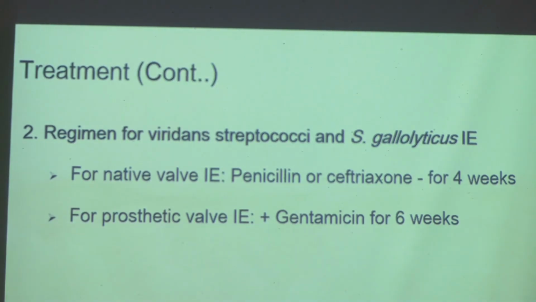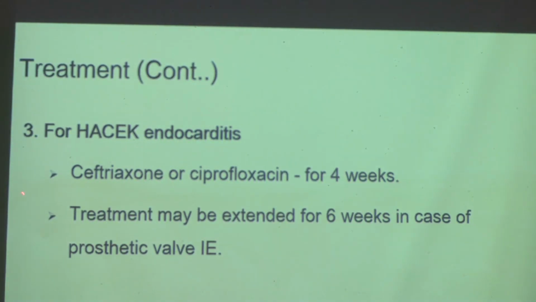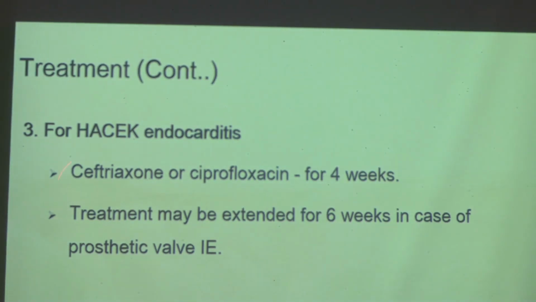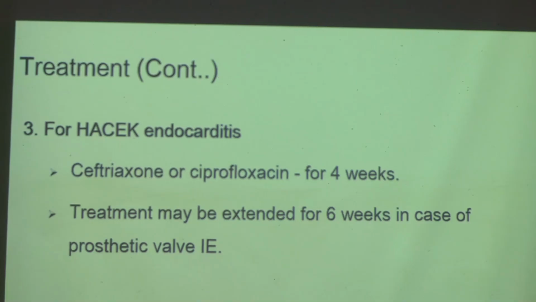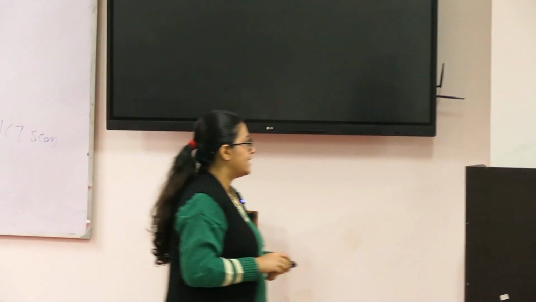Prosthetic valve again, along with this you will have the gentamicin. For HACEK endocarditis, the treatment of choice is ceftriaxone, a 3rd generation cephalosporin, mainly for a month. Treatment can be extended if it is a case of prosthetic valve.